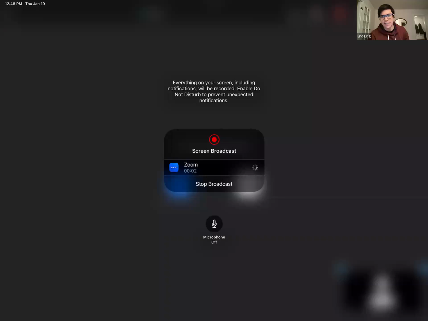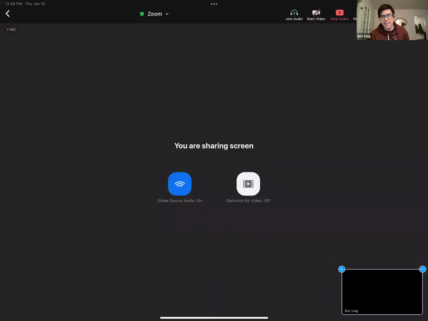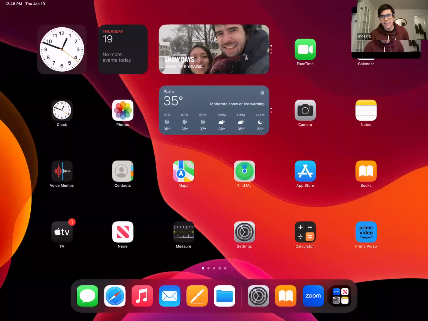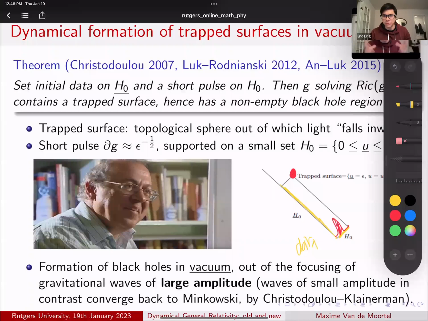Okay. So I understand that Christodoulou used this short burst of gravitational waves to create a trap surface, right? But the motivation you started with is the dynamical formation of black holes.